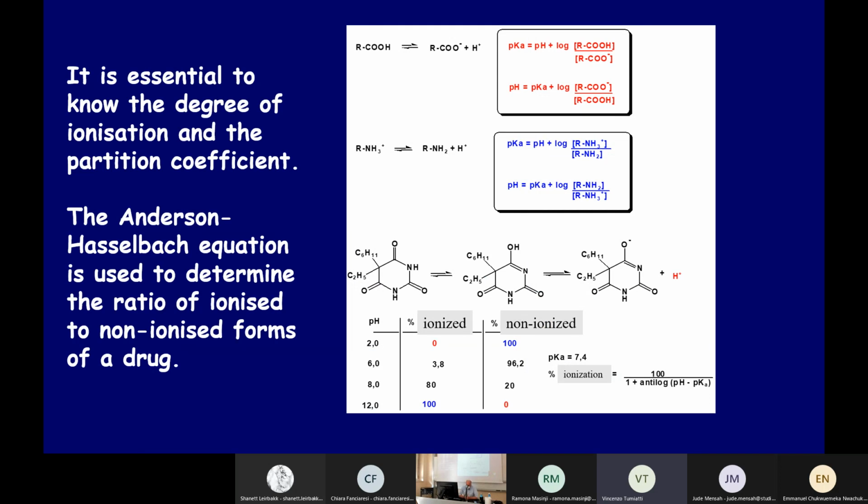It is important to know the concentration of the two forms, ionized and unionized. How can we know these two concentrations? I remind you of an important equation called the Henderson-Hasselbalch equation. You have probably seen this equation during the course of general chemistry.